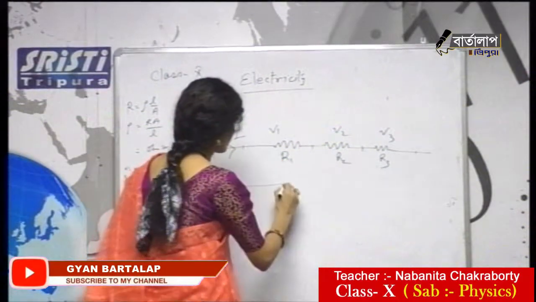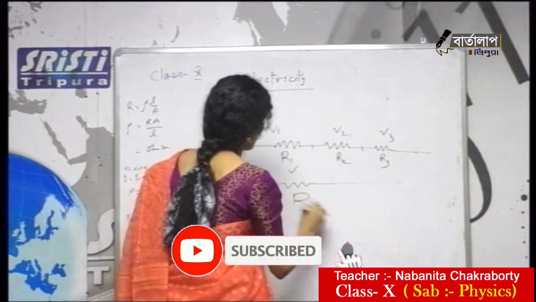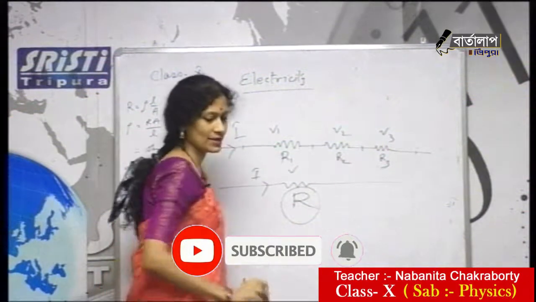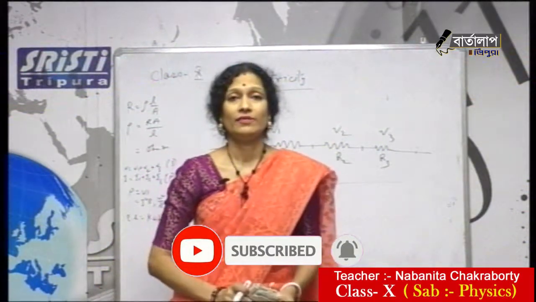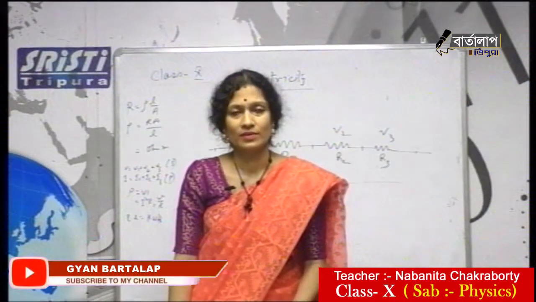That means if we put it here, it is directly R. Then we have to find the value of the equivalent resistance in case of series combination. Then what will we do?